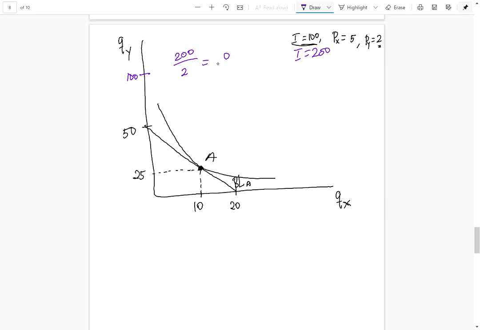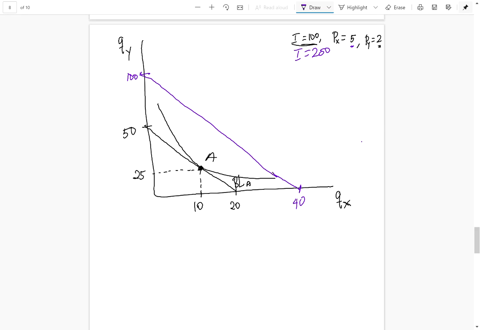And for good X, if she's spending all of her $200 on good X and the price of good X is $5, then she can afford to buy 40 units, which again makes sense because income doubled. So now that we have those 2 endpoints, we can connect them with a straight line.